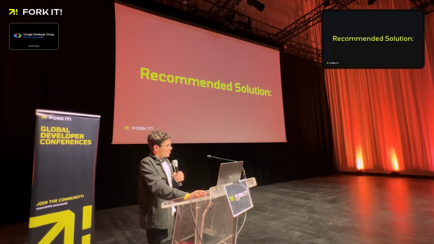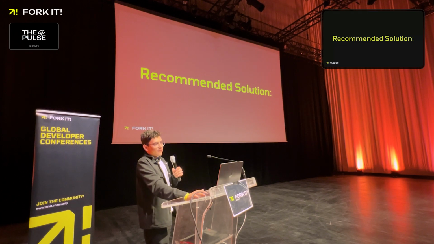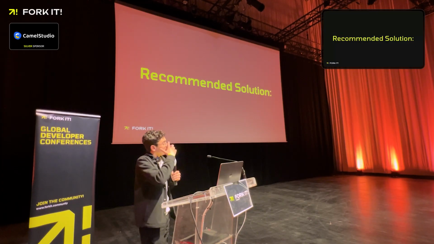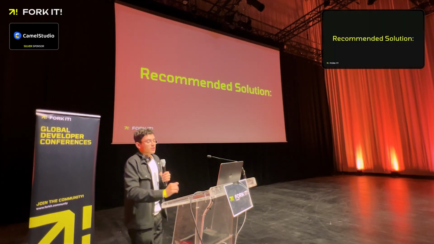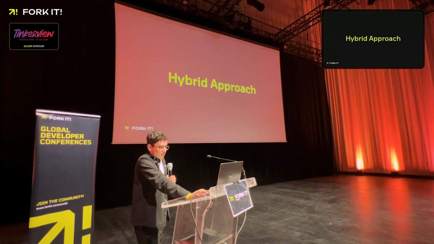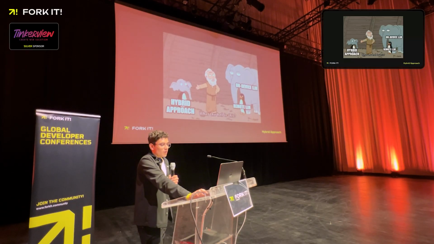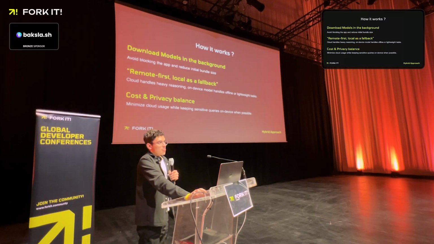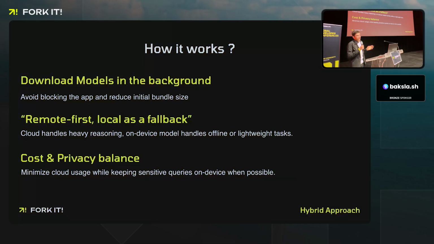So the recommended solution here, since the on-device approach has a lot of pros and cons, and the remote one also has its own pros and cons, is the hybrid approach, which works like this. We make our app depend on both at the same time.